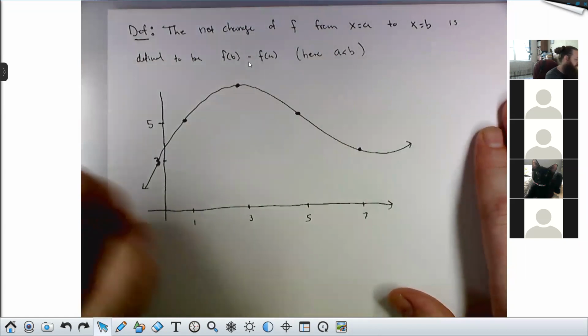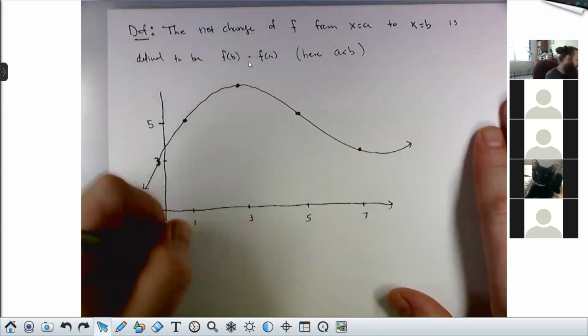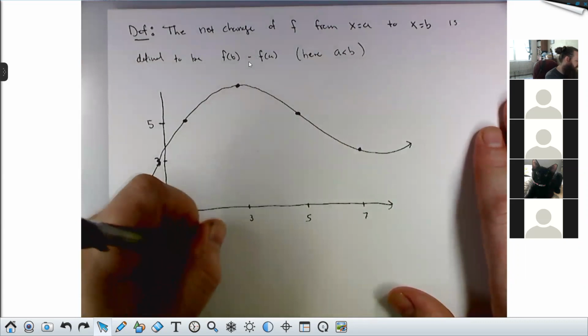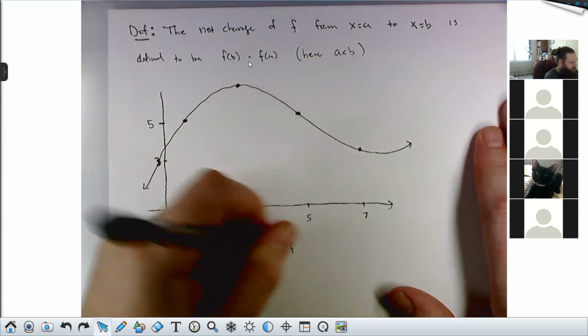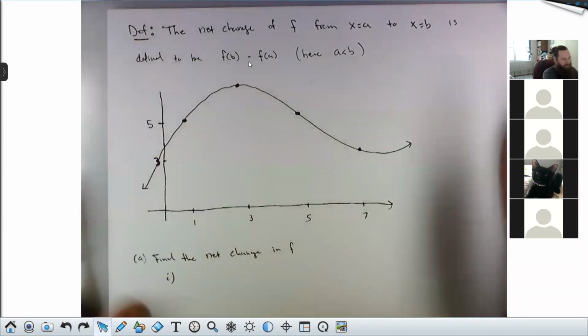First, let's find the net change. And we'll do a few.